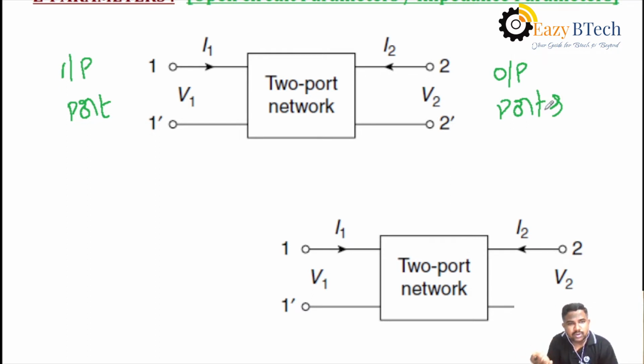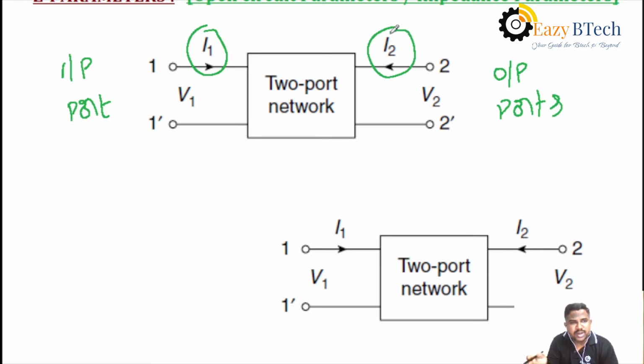But if the circuit on both sides has sources, V1 and V2, and current can pass from the sources, that is called a two-port network. On the input side, the current I1 is coming from V1 and going to the circuit, and from the other port, the current I2 is coming from V2 voltage and passing through the circuit.